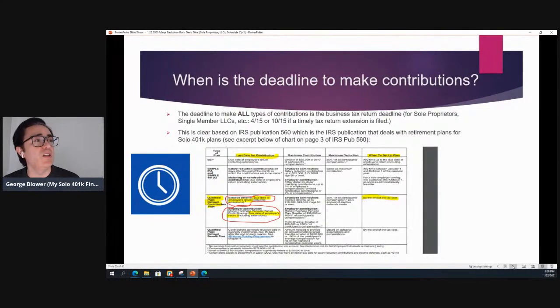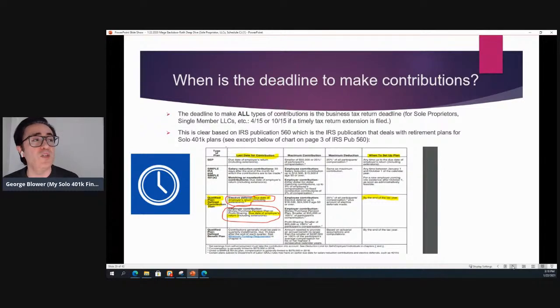When is the deadline to make the contributions? So assuming that you set up the plan before December 31st, 2020, that would have preserved the right to make contributions all the way up until your business tax return deadline in 2021. So if you're taxed as a sole proprietor, single member LLC, independent contractor, etc., where you're reporting the income on your 1040, then your business tax deadline is going to be the 1040 deadline.